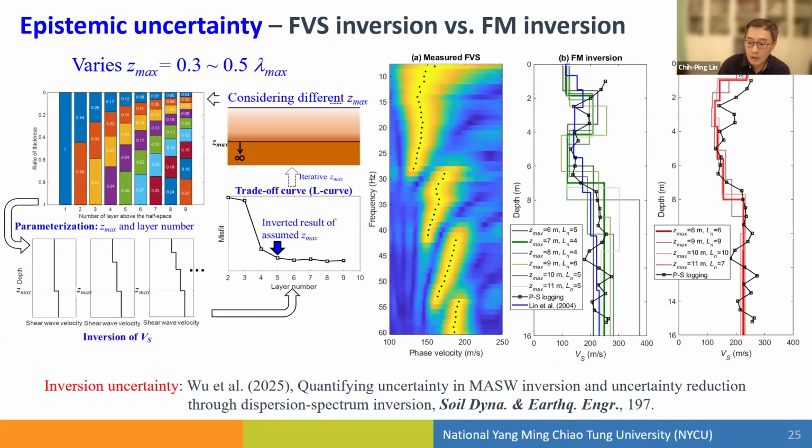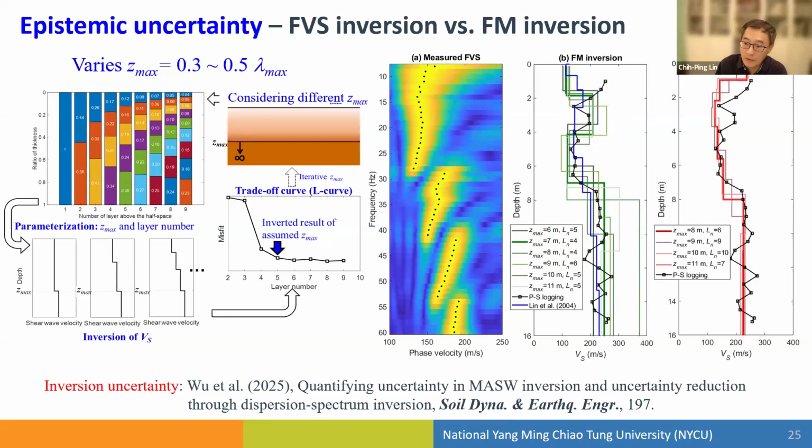Instead of automatically assuming the maximum depth of investigation, we can consider it as another possible parameter of variation. So we assume different maximum depths of investigation and get different profiles. With the fundamental mode inversion, all these profiles fit the fundamental mode reasonably well, or almost the same.